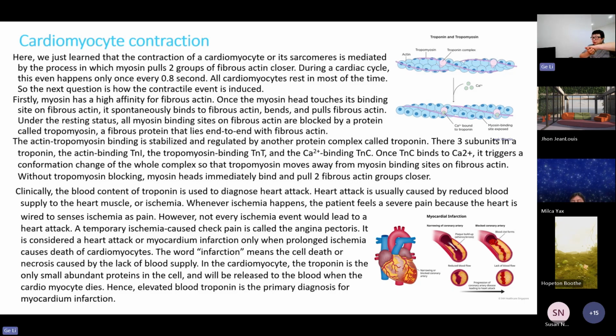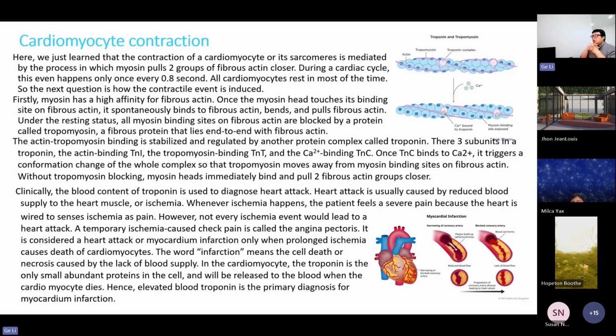In most cases, when the muscle is relaxed, actin is blocked by tropomyosin. When we need a muscle contraction, troponin is activated to remove tropomyosin from the actin so that the myosin can bind to the actin to drag the two groups of actin inward to make the whole sarcomere shorter.